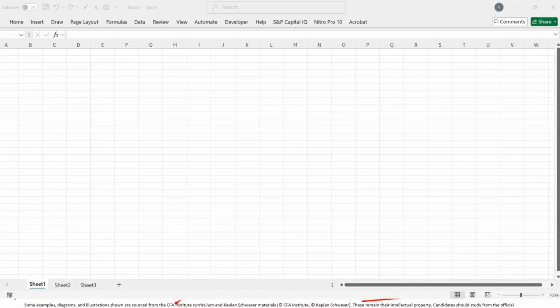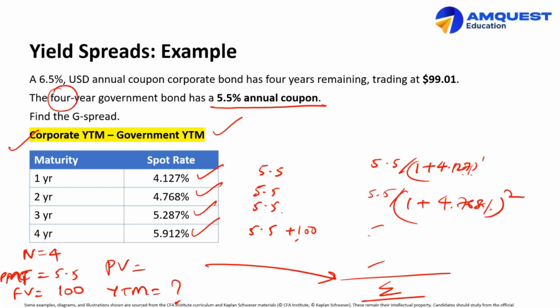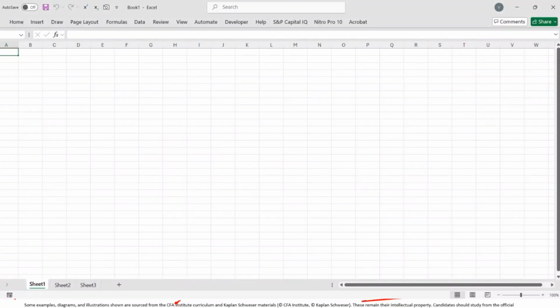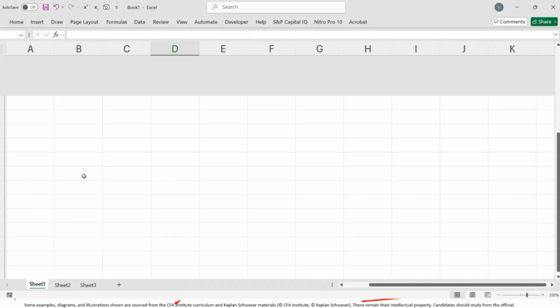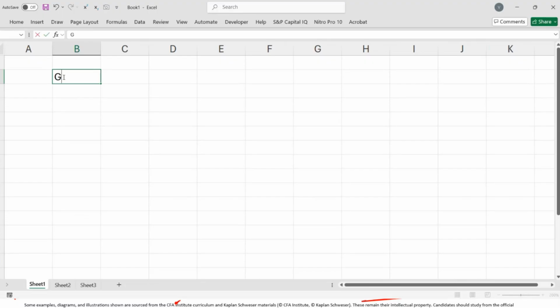So what is the data that I'm working with? Let's first look at government bond YTM. So obviously year 1, 2, 3, 4. I have 4 years of data and I have four different spot rates, 4.127%.